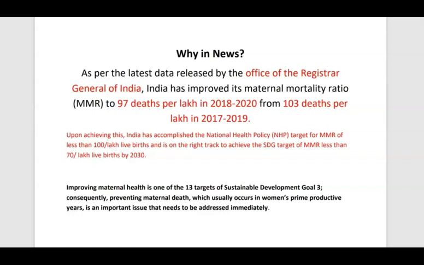The data for 3 years is taken, मतलब 3 साल का डेटा लेकर 1 लाख पॉपुलेशन पे कैलकुलेट किया जाता है, and per lakh means in 1 lakh population, 97 deaths occurred, and this figure has reduced in recent years in comparison to previous years. यानी कि पहले जहाँ 103 डेथ होते थे in 2017-19 के डेटा में, now it has reduced to 97.